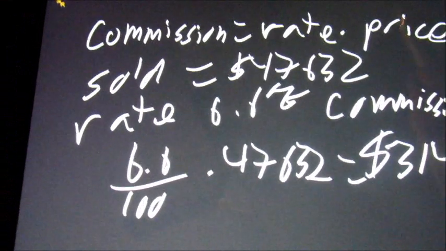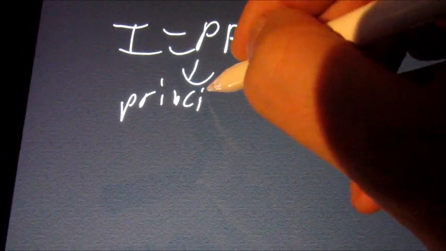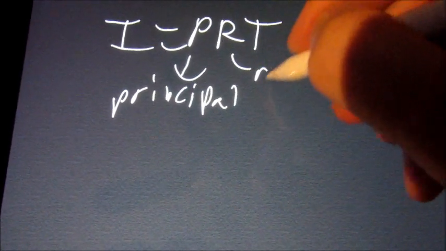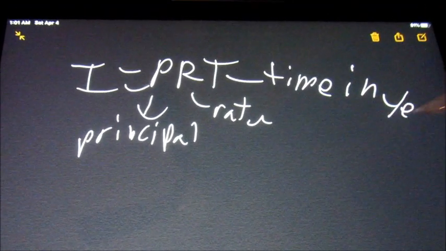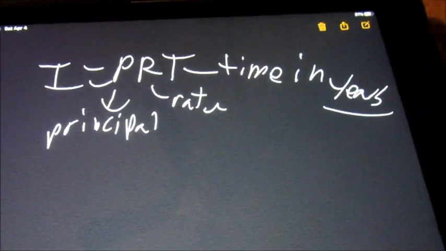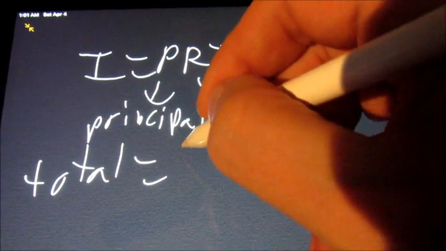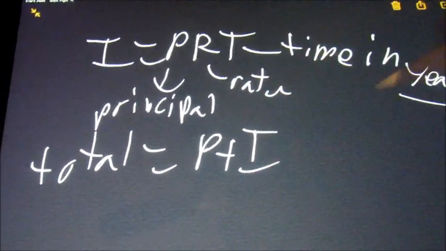Okay, so then you also may have some interest questions. The only ones that you'll have are simple interest. So the interest equals PRT. This is the principal, the rate, and the time in years. Make sure that it's in years. And so then the total paid equals the principal plus the interest.